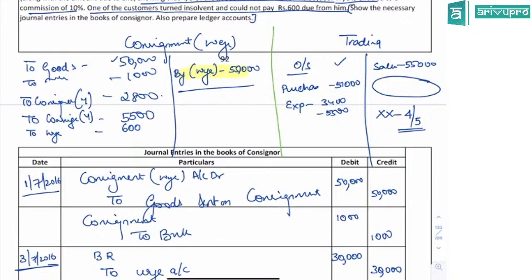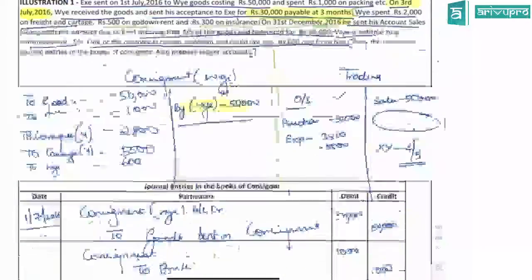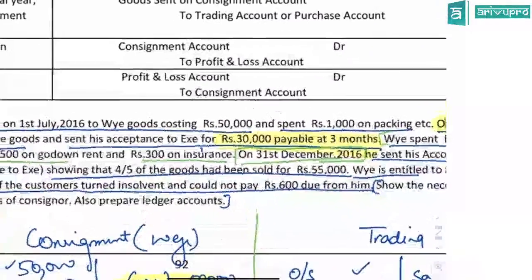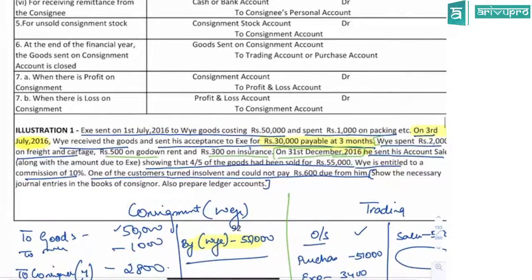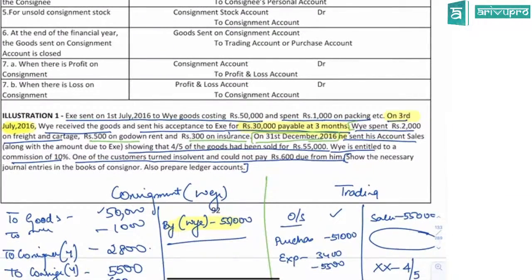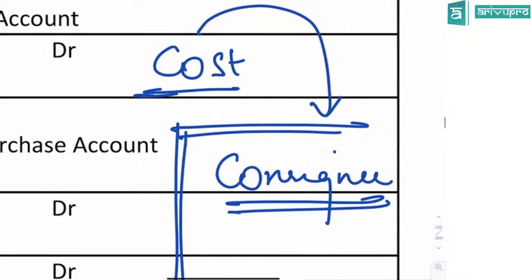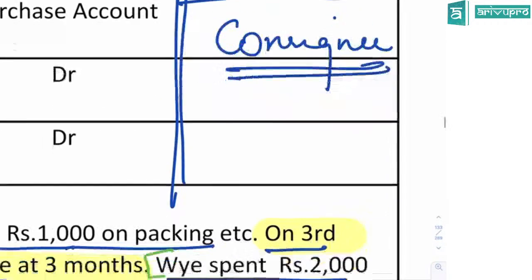Yes. Now, how do I calculate the value of closing stock is the question. The value of closing stock is going to be all the cost incurred till it reaches the consignee.